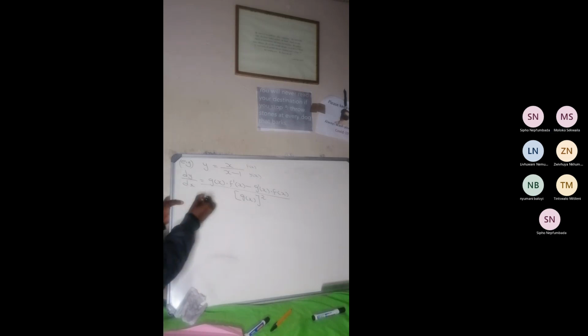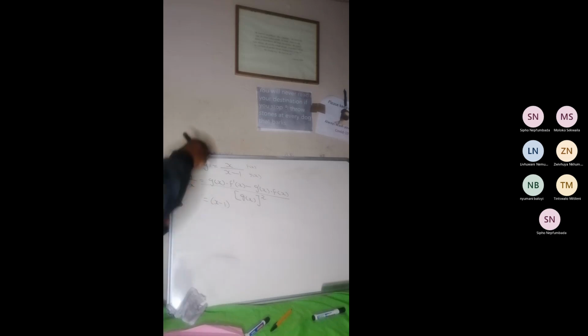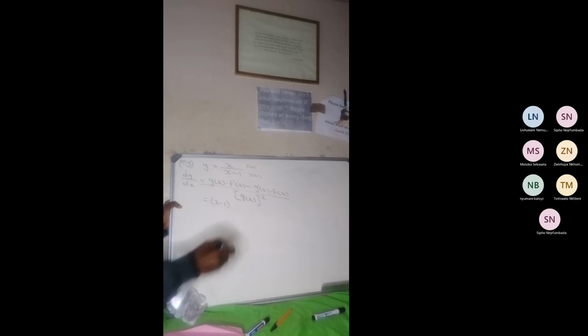Now, what is our numerator? Our numerator is x. What is the derivative of our numerator? The derivative of x is what? 1.